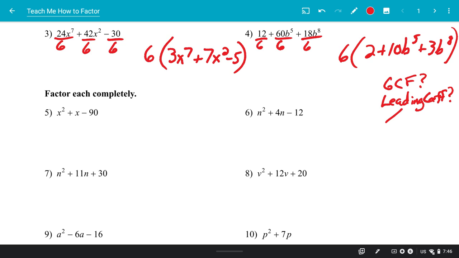And then if that answer is no, we split in signs, and then we list the factors of the constant.